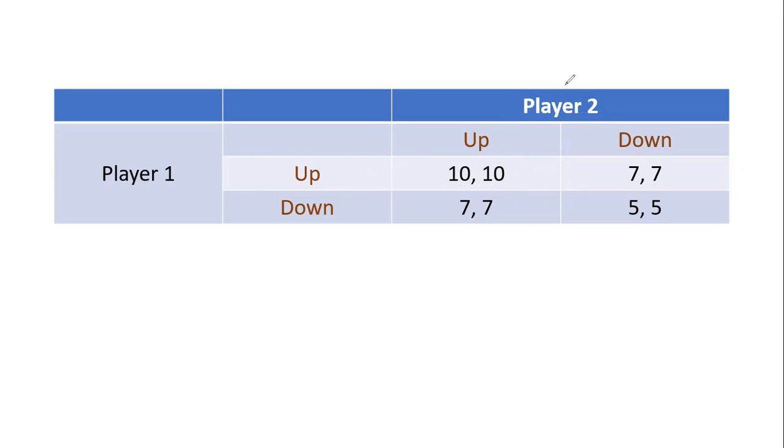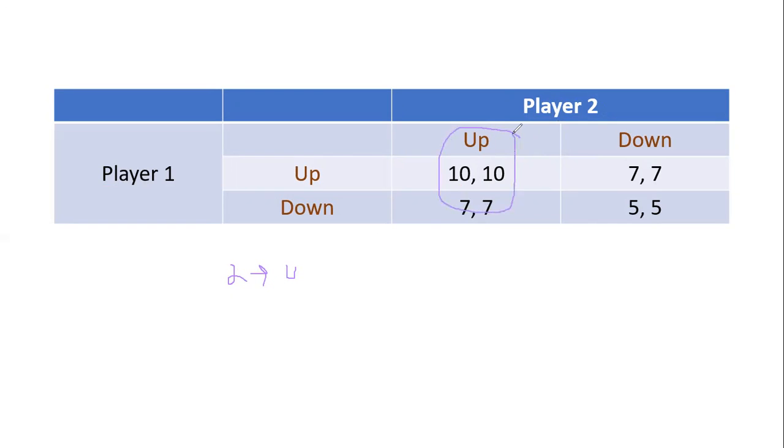With this understanding, now let's proceed to see if player 1 has any dominant strategy. That is, if player 1 has any strategy which is best no matter what choice player 2 makes. To check it for player 1, we first fix player 2's strategy. Let's assume that player 2 plays up.